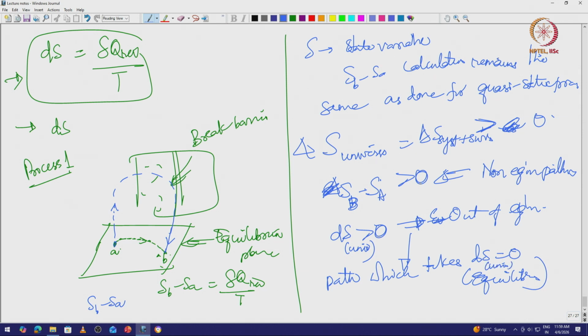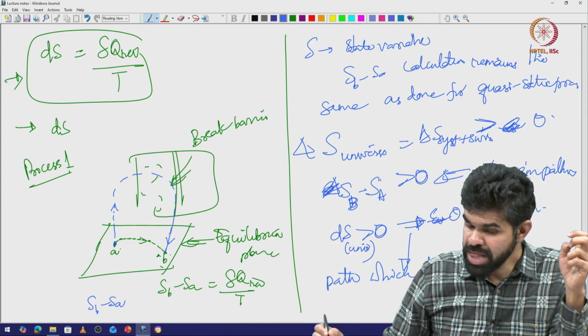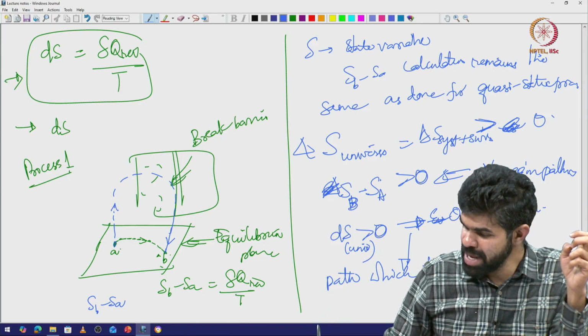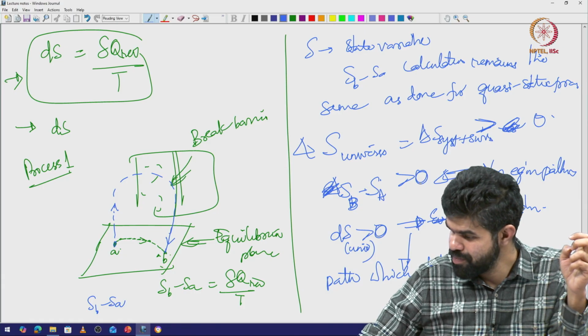The second law of thermodynamics tells me that the dS of the universe, when things are in non-equilibrium with each other, is always increasing. It is increasing to a state where dS equal to 0, that is, it is always going to an equilibrium state, which means all the dynamics are happening while the system is going towards equilibrium.